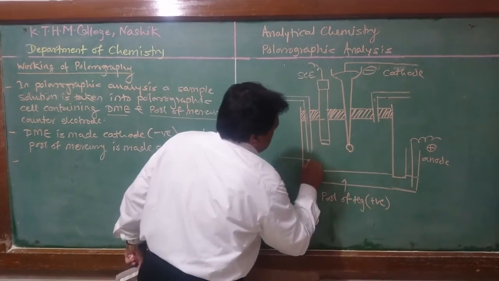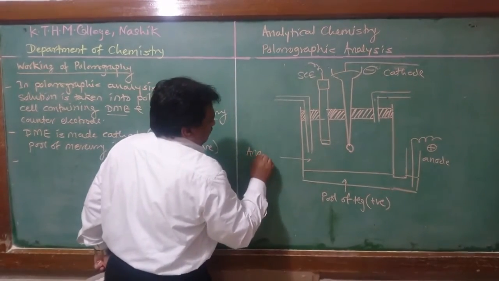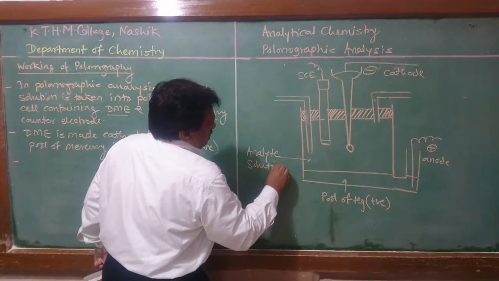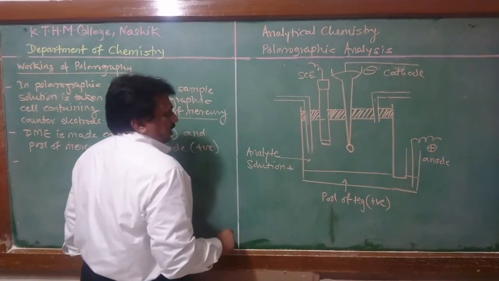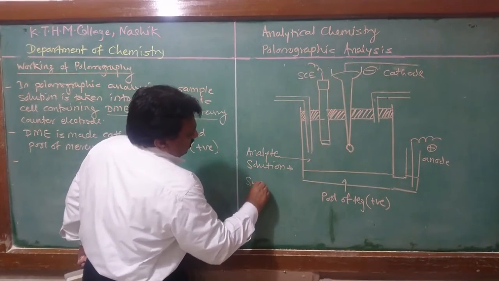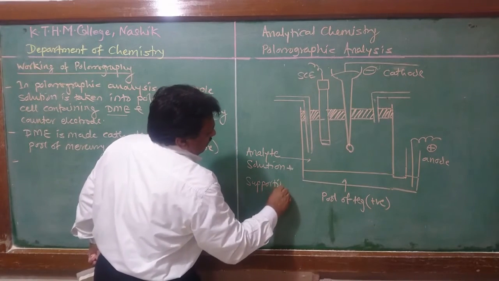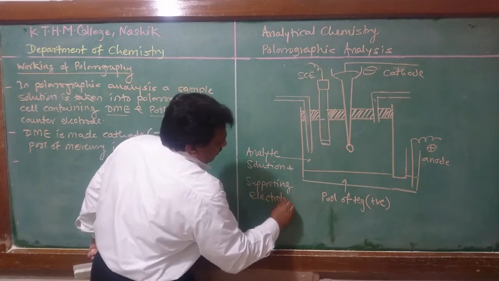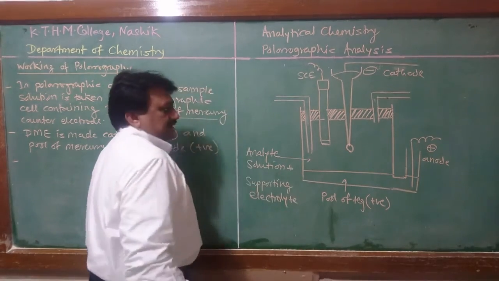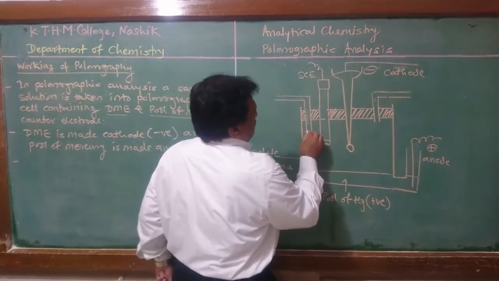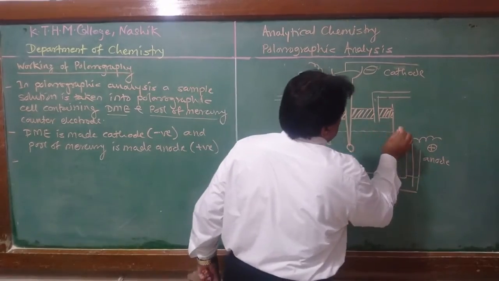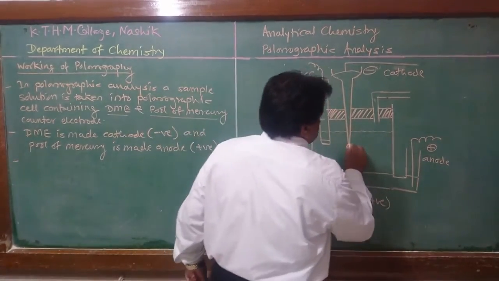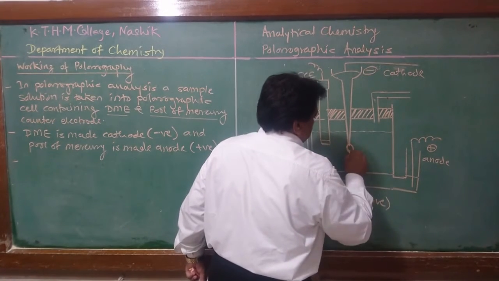Now in this cell, an analyte solution is taken, and sometimes a supporting electrolyte is also added in this analyte solution, a sample solution or analyte solution. This is the site for that redox reaction.